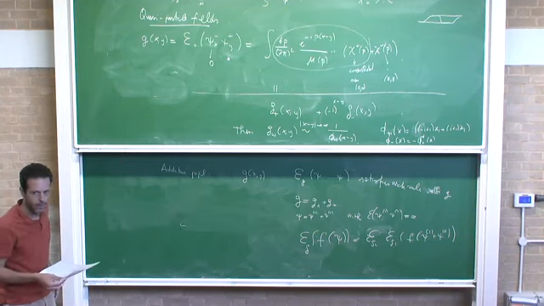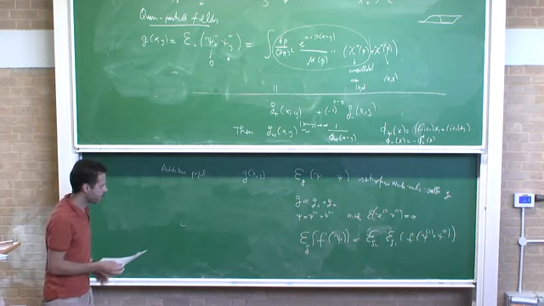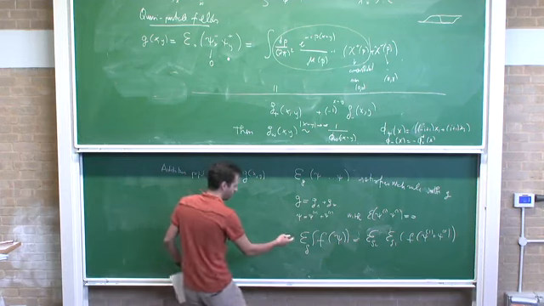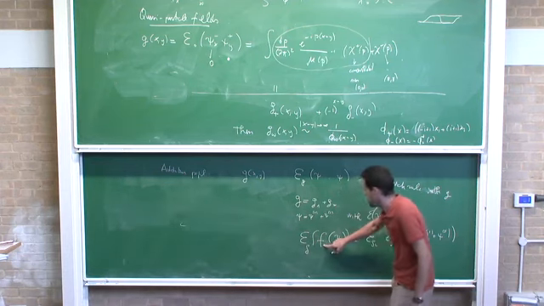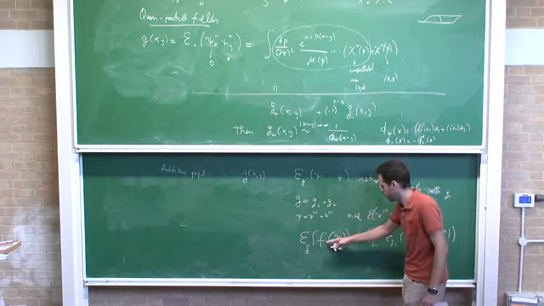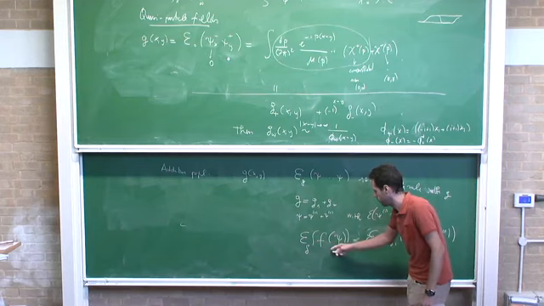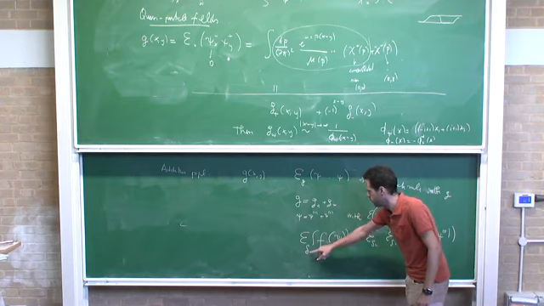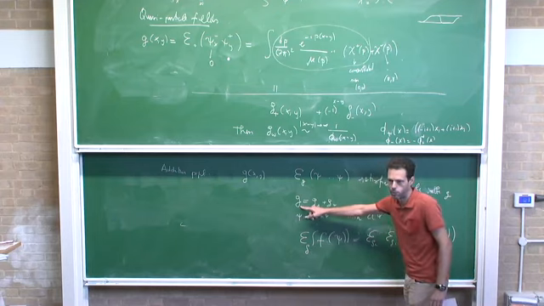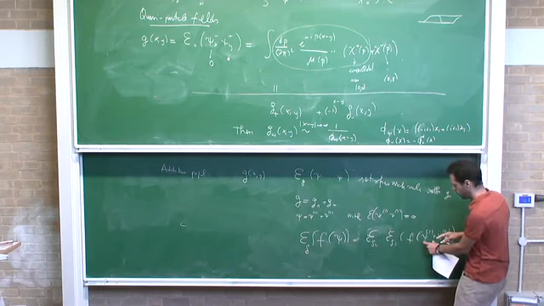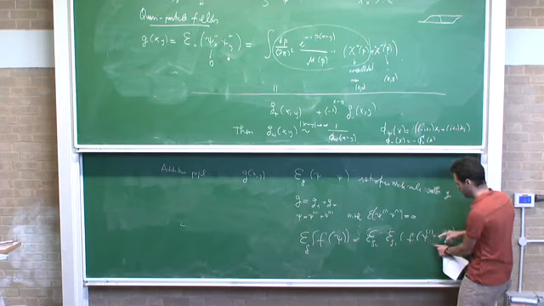What does it mean that EG of psi satisfies the weak rule with G? What I'm saying here is that if you have any, say, polynomial of psi, on the left-hand side you take this polynomial and choose all possible contractions with this propagator G. On the right-hand side, you take the same function, but each time you have psi, you write it as psi 1 plus psi 2.